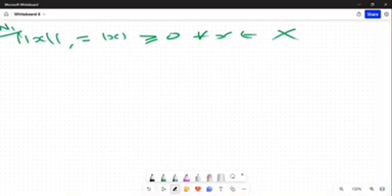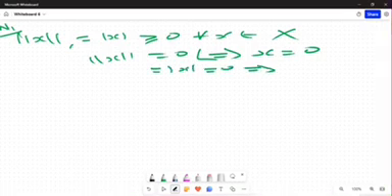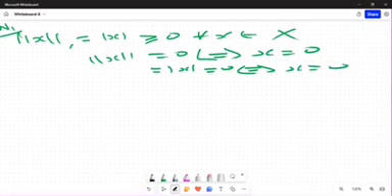As a matter of fact, the norm of x is equal to 0 if and only if you are dealing with the zero vector.